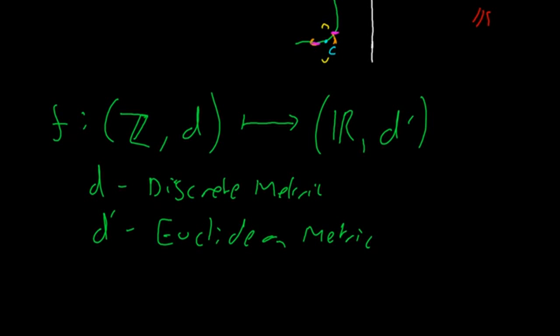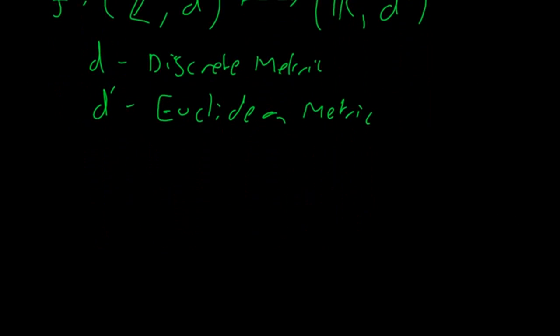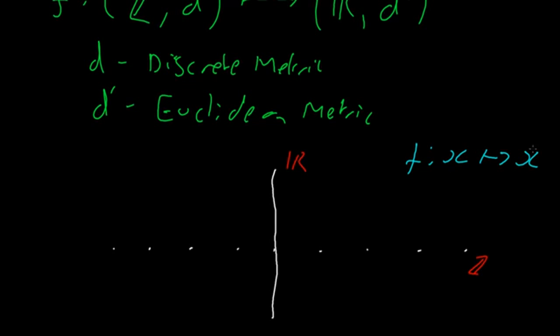Okay, so visually it's going to look like this. We're going to have the domain is Z, so a series of points, and the codomain is R. So this is Z and this is R. And so I said this was the inclusion mapping, so this will be that f simply maps x to x, where this is an integer but this is a real. So this is going to go something like this.